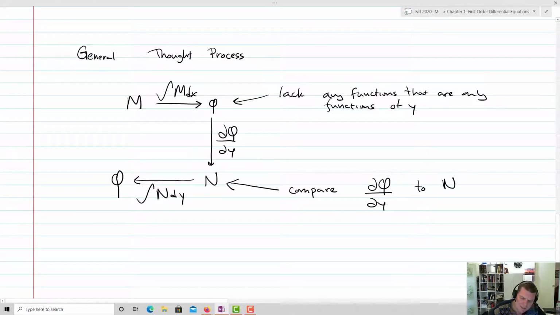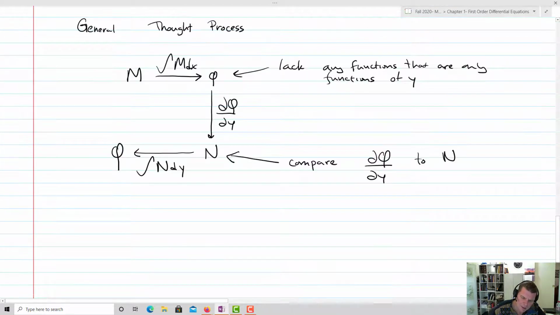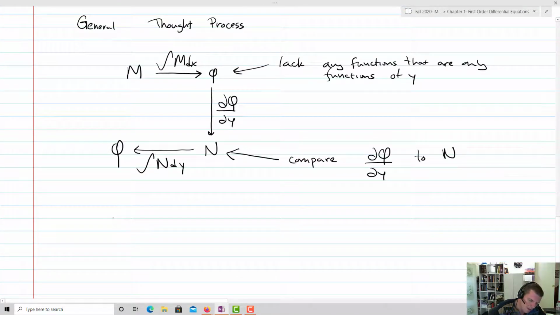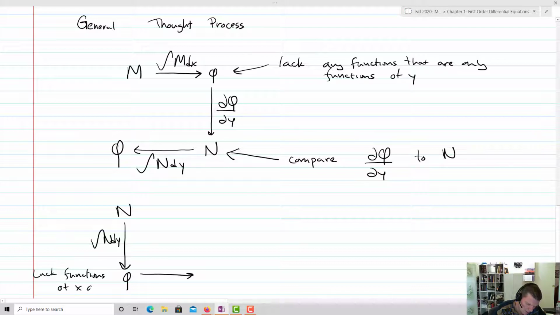We can actually do something similar if we start at N. We take the integral of N with respect to y, and that takes me to phi. Here, though, we will lack functions of x only, because N was the derivative with respect to y.